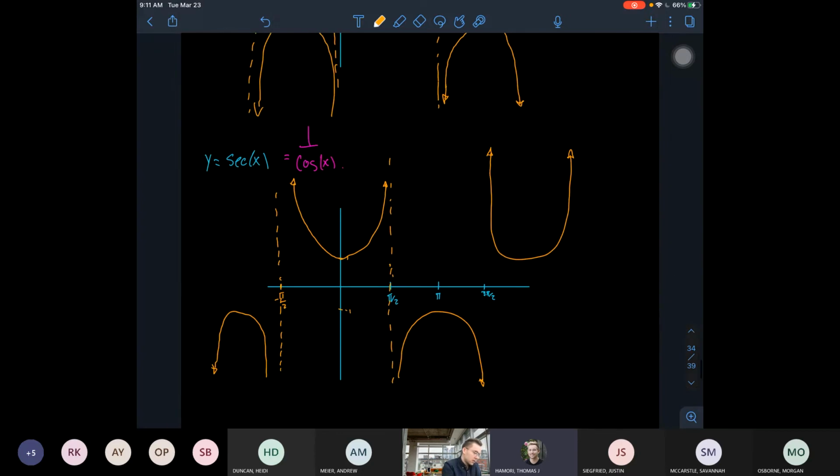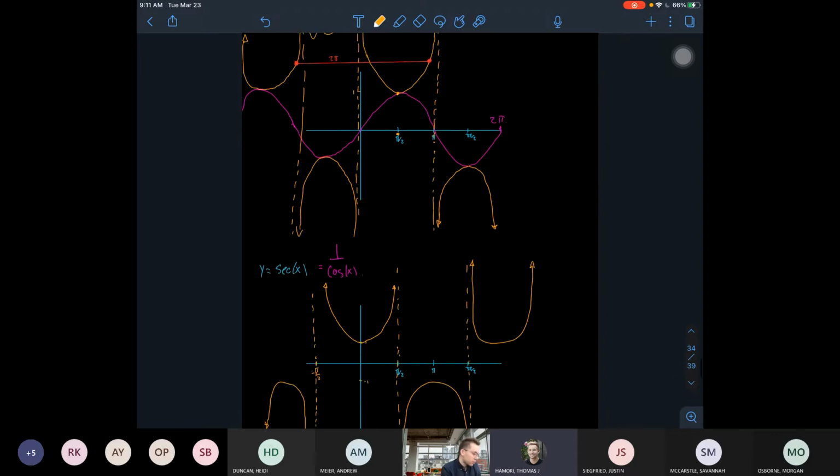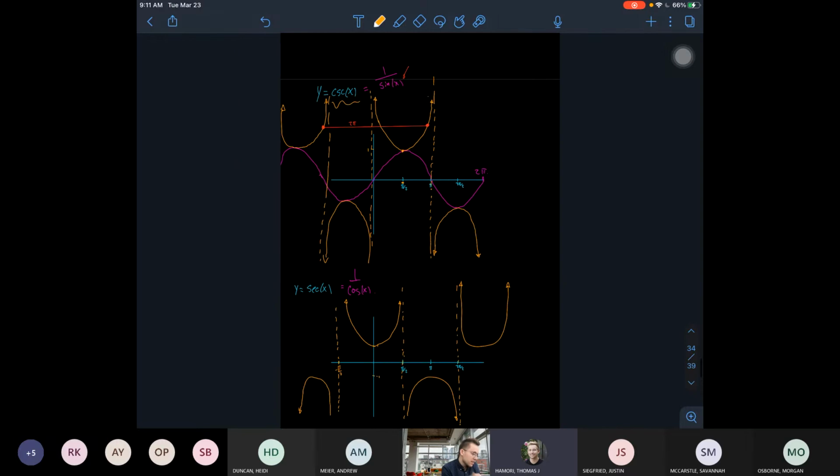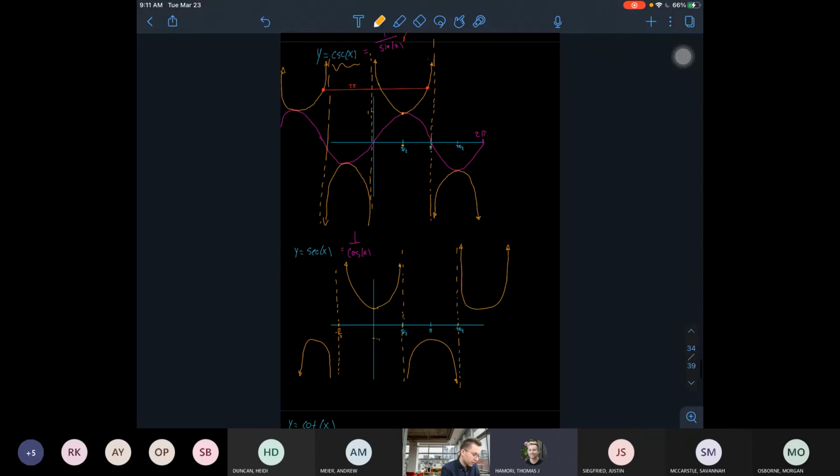In this case, we're again 2 pi periodic by virtue of the fact that cosine of x is 2 pi periodic. And the graph of it has the same relationship to the graph of cosecant of x as cosine has to the graph of sine of x. So we still get that relationship preserved. This is how we graph 1 over cosine of x.